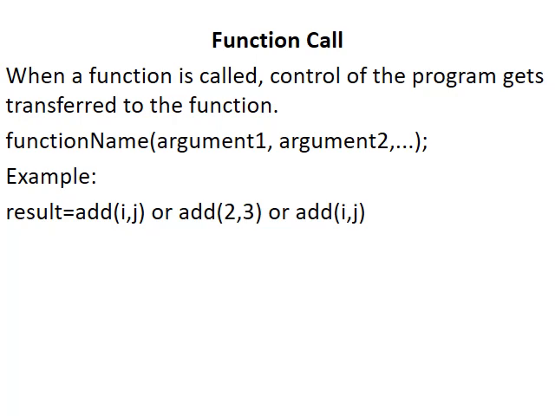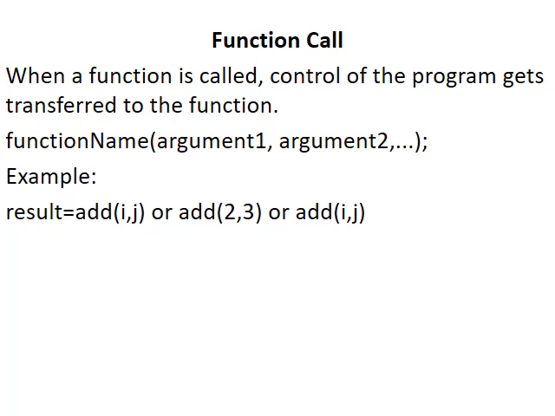So now I am going to call the function here. So result equal to add i comma j. Now here i comma j is the input I am giving, or the arguments I am passing from the calling function. So i and j are called actual parameters or actual arguments. Now once I give a call like add i comma j, that function call will take the control to the function definition.